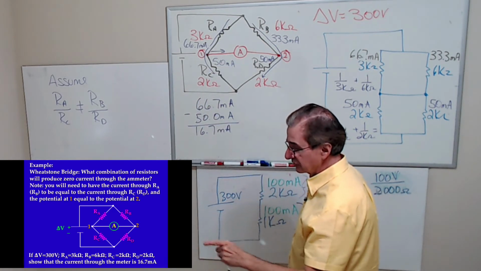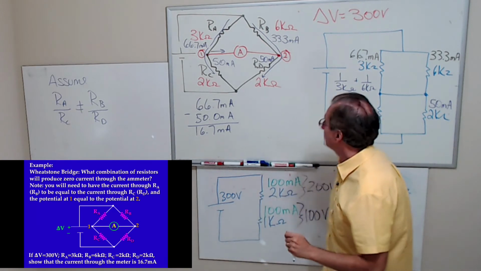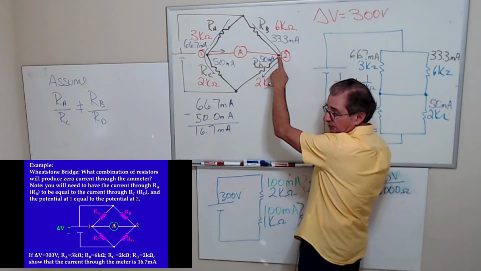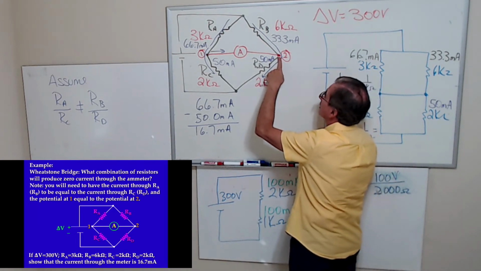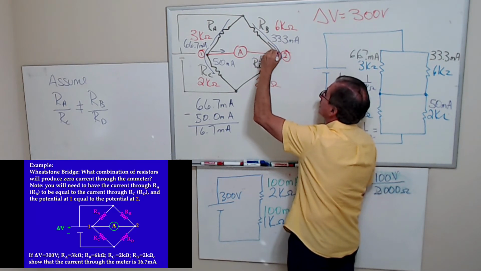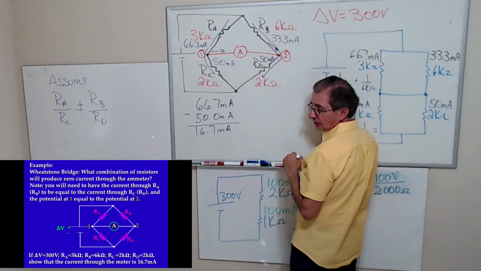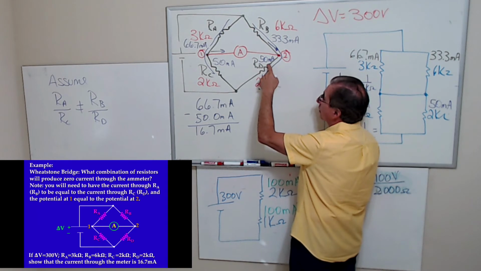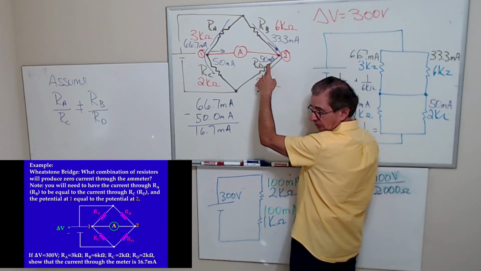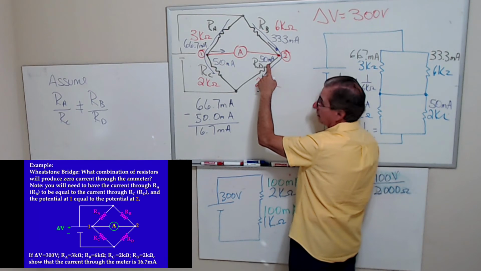Now, let's see if this is consistent, because I got to get this same agreement on this side. I have 33 going into this junction, but then I have more coming out. Why do I have more coming out? Where's that coming from?